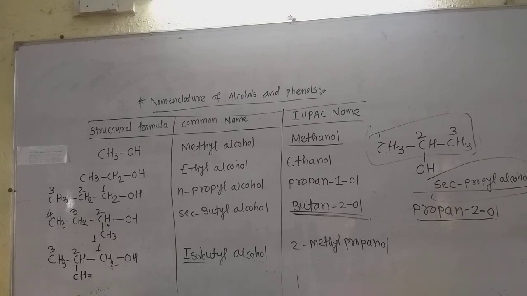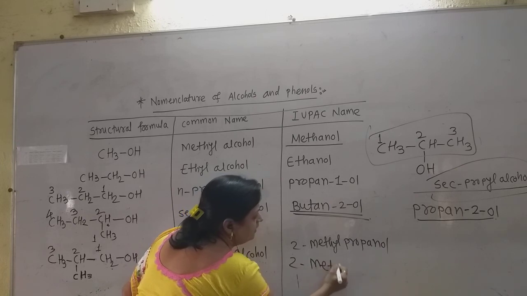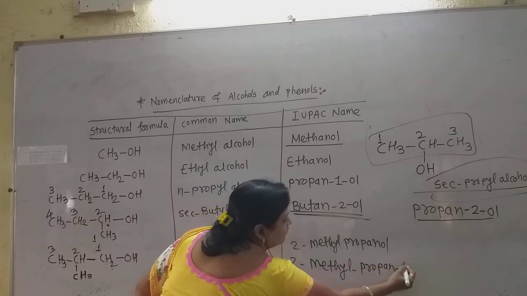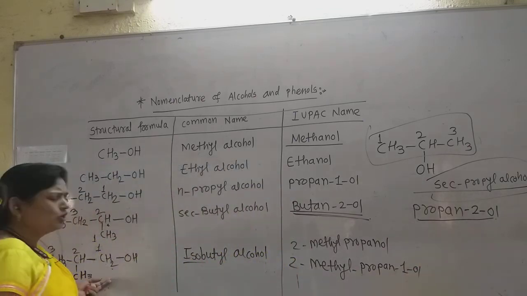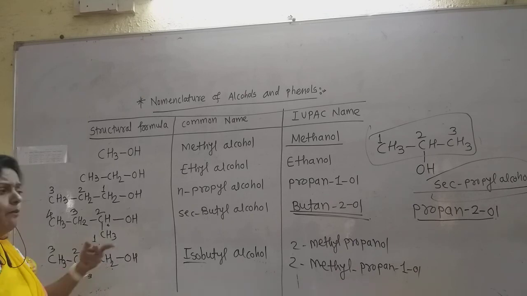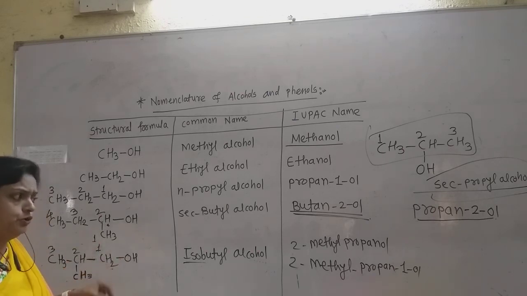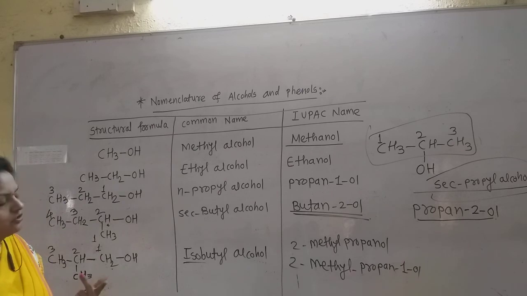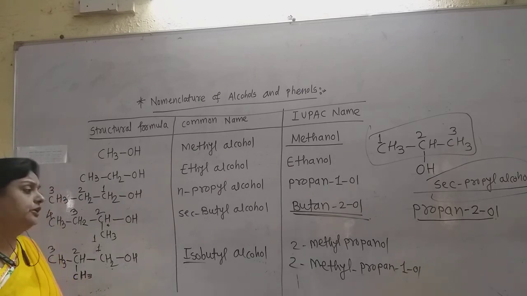So it may be written in this way also, 2-methyl propan-1-ol. But as the OH group is present on the first carbon, the 1 is not written in the IUPAC name. Both names are 100% correct. You may give the IUPAC name as 2-methyl propanol or 2-methyl propan-1-ol.